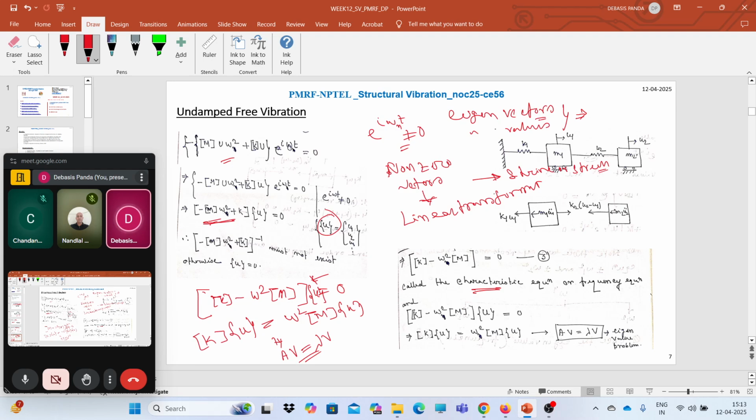So these non-zero vectors are called the eigenvectors. And the scaling factor, by which they either shrink or stretch when we apply a linear transformation, is lambda. This scaling factor is called eigenvalues.